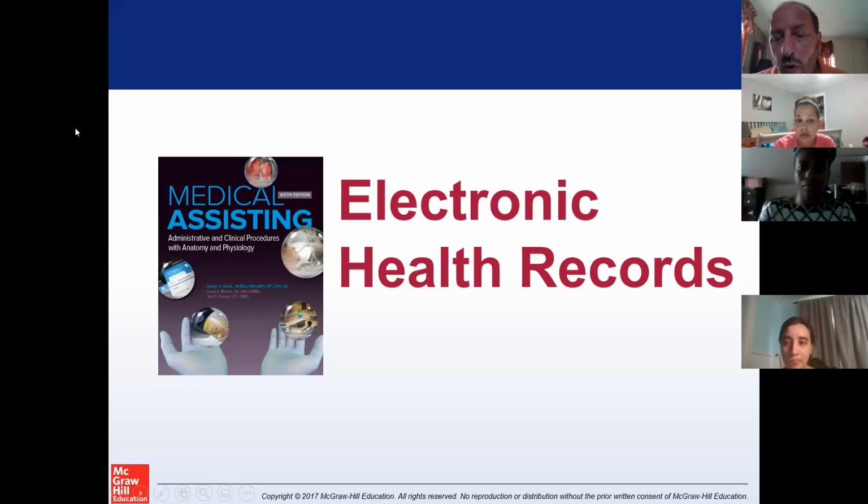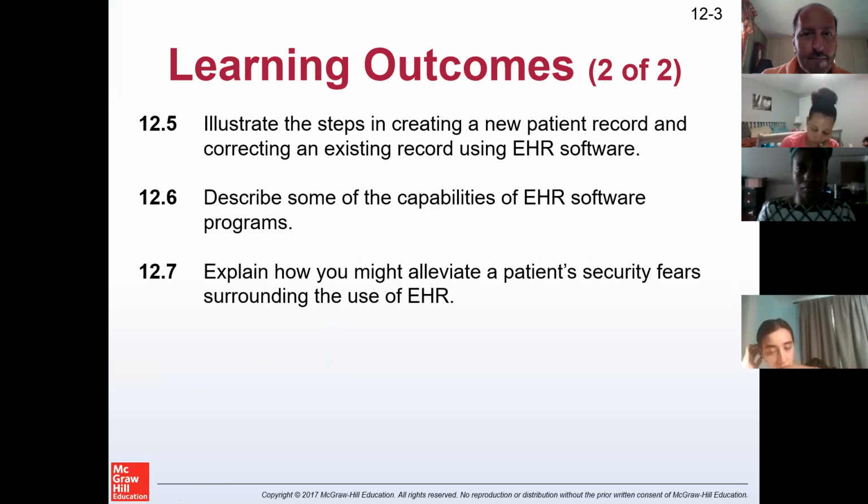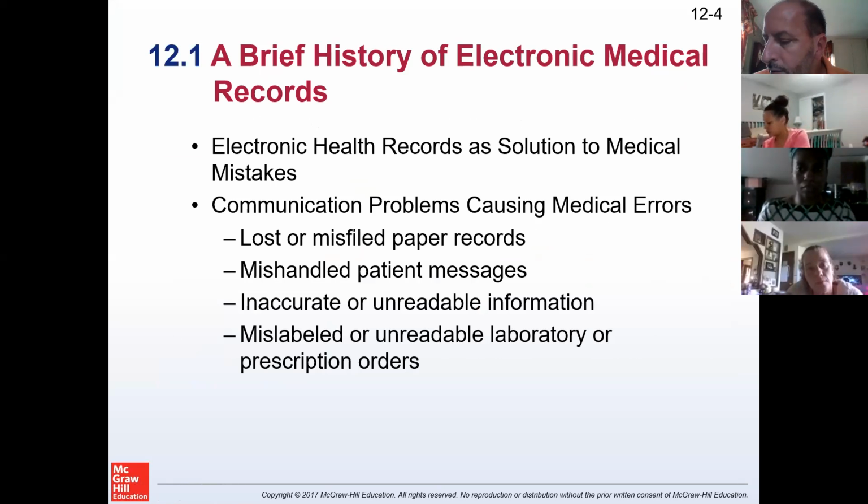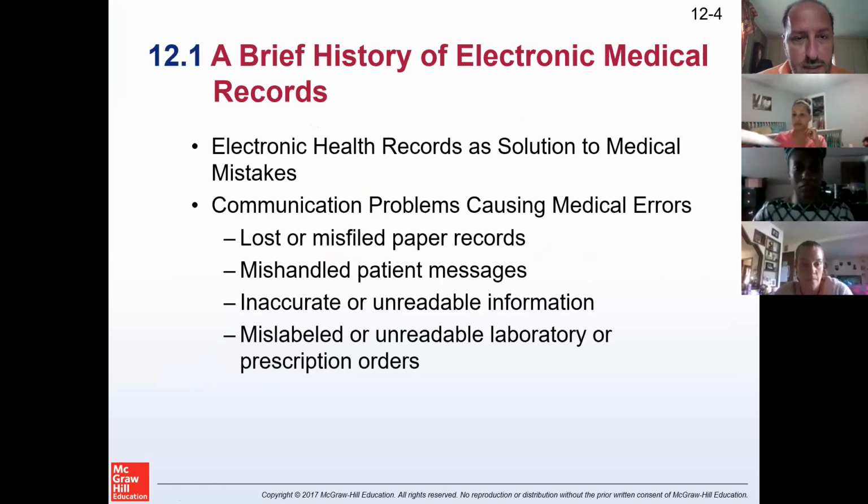So tonight we're going to cover the electronic health record. This is one of the main reasons why you're taking the course, obviously medical office management, but the bulk of this course really is the SIM chart. It's learning the electronic health record and its purpose, and how it has revolutionized healthcare.